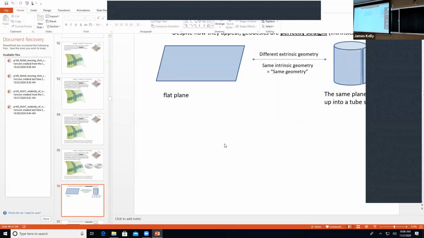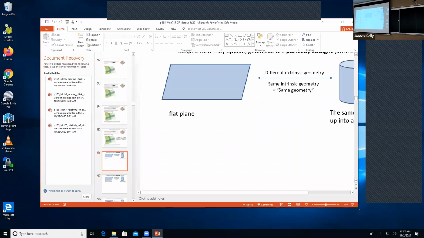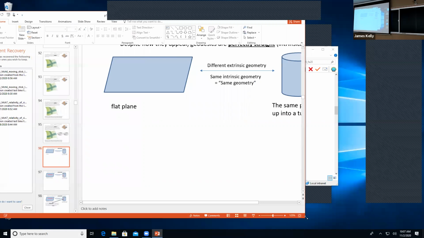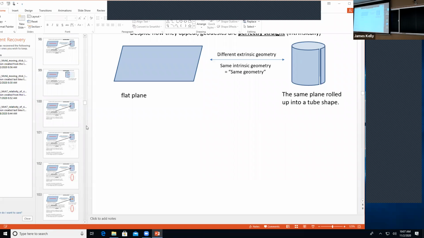I don't know if I'm ever going to get it out of here. See if I hit the control key a couple of times. Nope. Okay, we're going to have to look at it just like this, and I apologize for this. There's some problem with the keyboard here. I'm going to try to show this in such a way that we can see as much of this as possible, but it may be that the only way that I can click through.